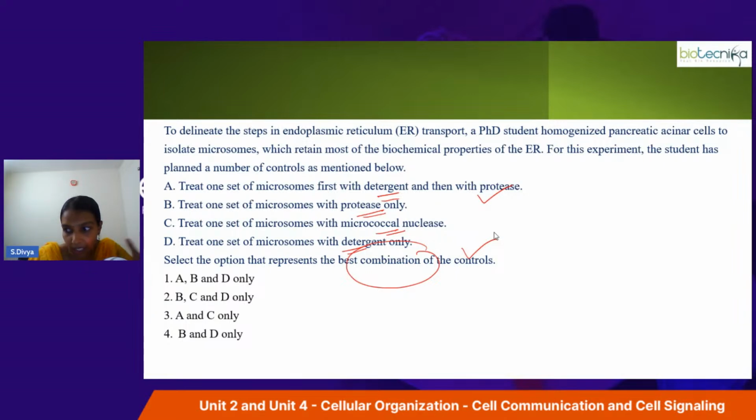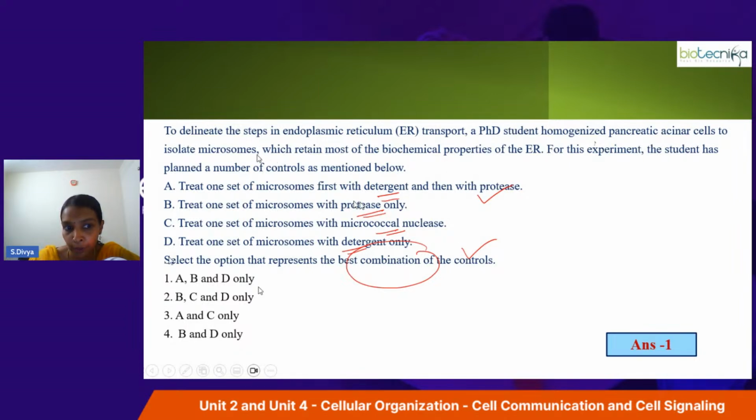Anyone would like to give your answers? I can see it's quiet. Is it difficult? Actually, it is not difficult. Let me give you the answer. The correct answer here is A, B, and D. What they are asking is that a PhD student has taken pancreatic cells to isolate microsomes.